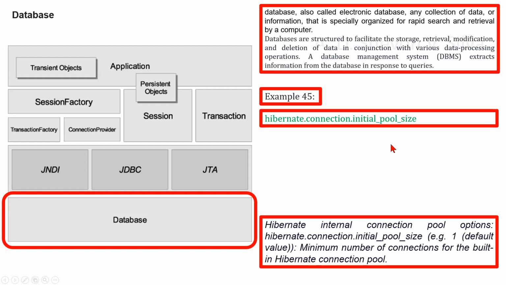Now we are considering Hibernate internal connection pool options. hibernate.connection.initial_pool_size, for example, with a default value of one, is the minimum number of connections for the built-in Hibernate connection pool.